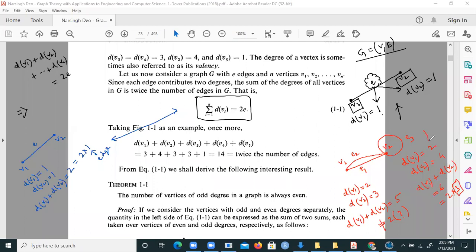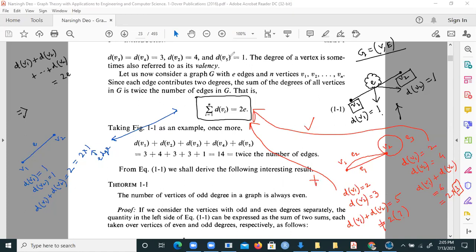So this is actually satisfying the theorem. Because such examples creep into the theory of graphs, the mathematical community has come to an agreement that they will count the self loop twice. So it is in agreement with the theorem, whereas the other count is not.